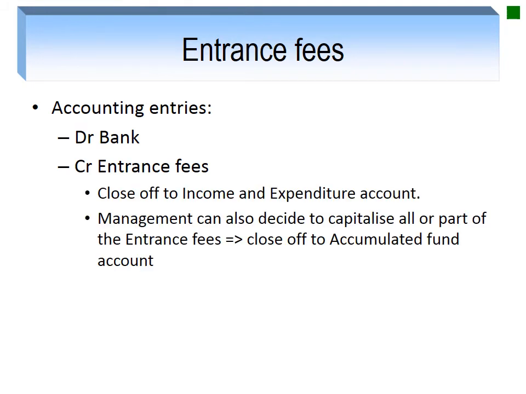You normally close the entrance fees account at the end of the year. It's a nominal account. You close it to your profit and loss account, which we call the income and expenditure account. However, management could decide that some of the entrance fees should go straight to the accumulated fund. And in example 10.6, you'll see an example of how this is done. You will also not be tested on this in the exams.